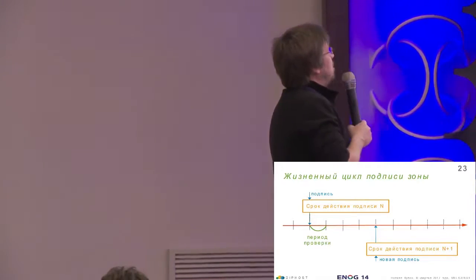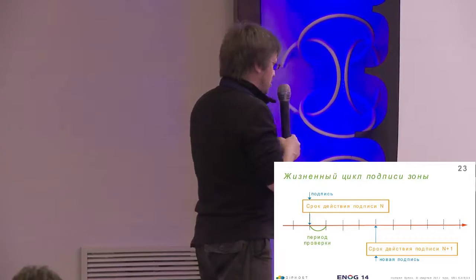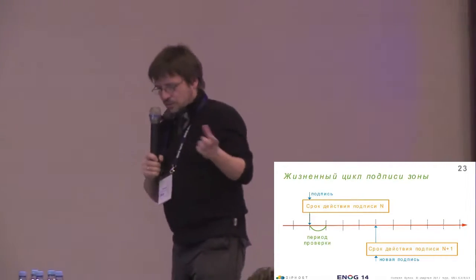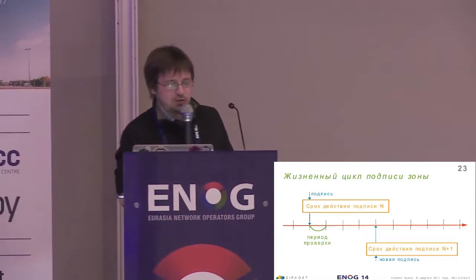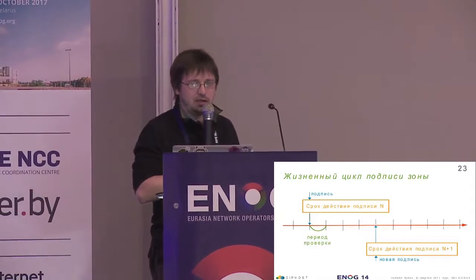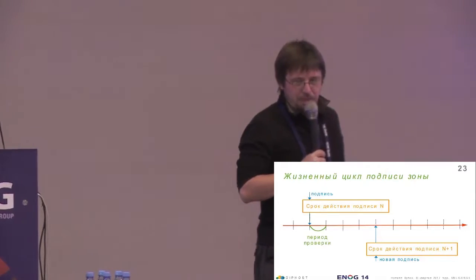The choice of the life cycle time is also very important. It needs to be more or equal to the signature or the maximum TTL of the zone, so as not to torture yourself. It's clear from the picture.